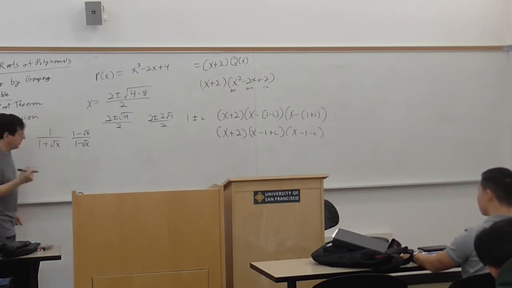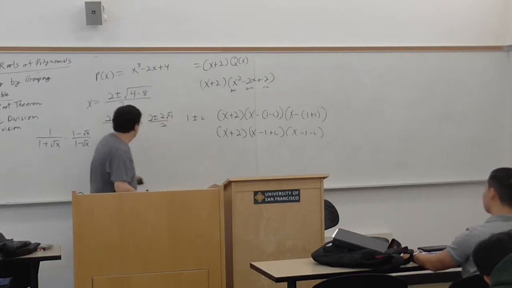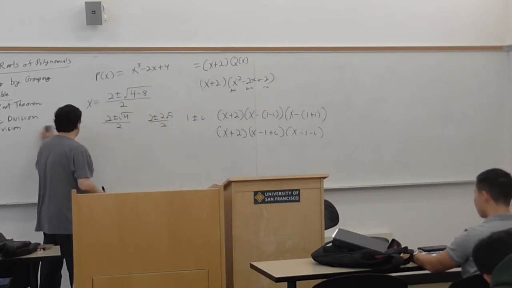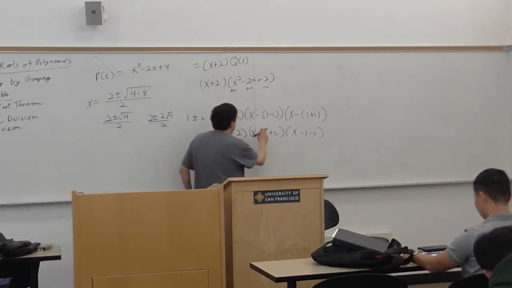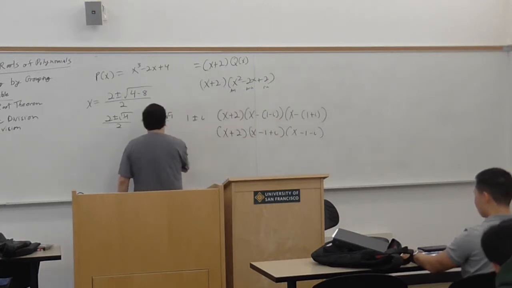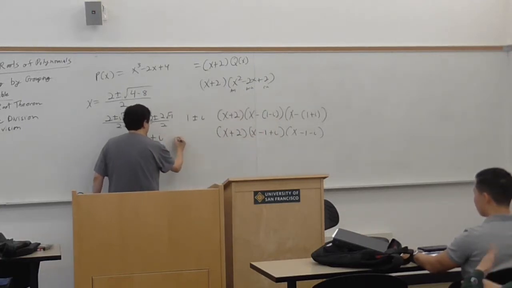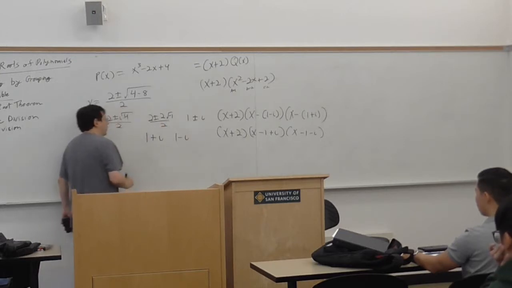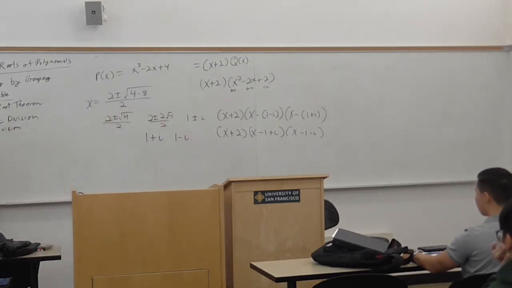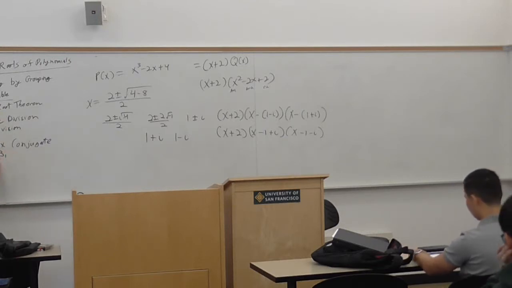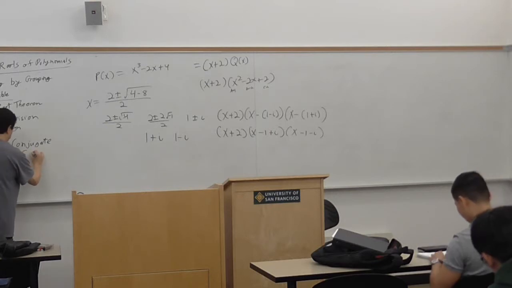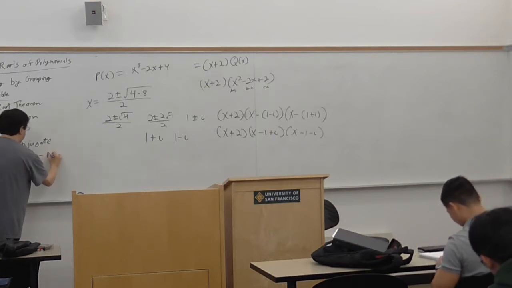We call that a conjugate, but we reuse that term here to describe these two roots, 1 plus i and 1 minus i. We have this idea of a complex conjugate. If you have a plus bi, its conjugate is a minus bi.